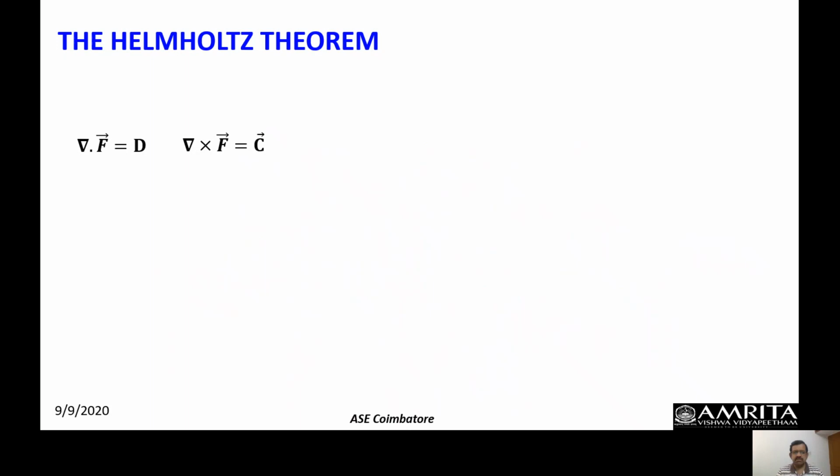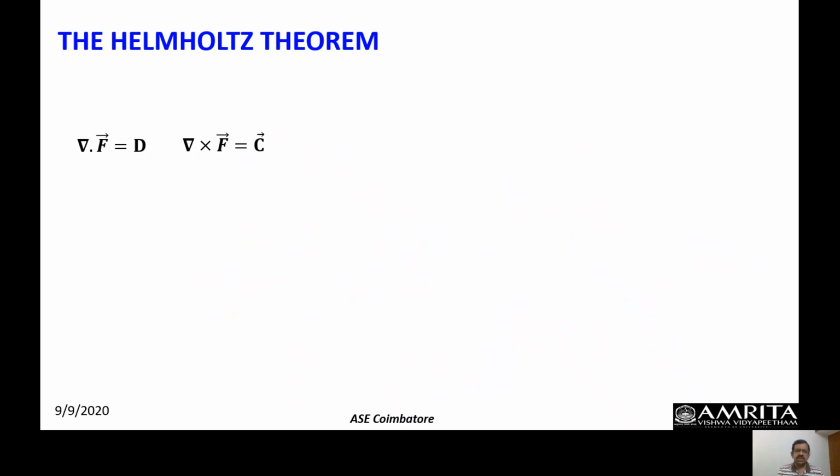That is the question. There are two equations definitely, but we need to know only the F. Can I determine uniquely? Please understand the word uniquely. That is very, very important. Can I determine F uniquely? Okay, that is the question.